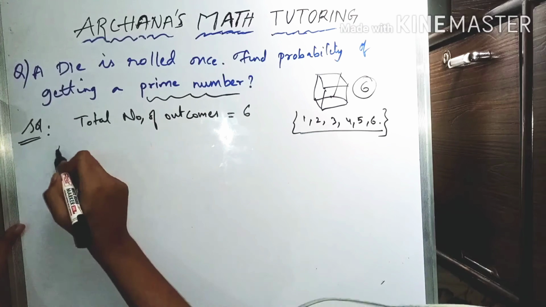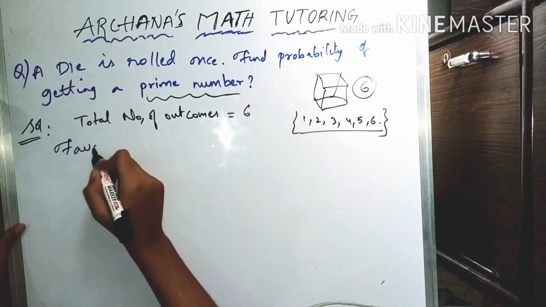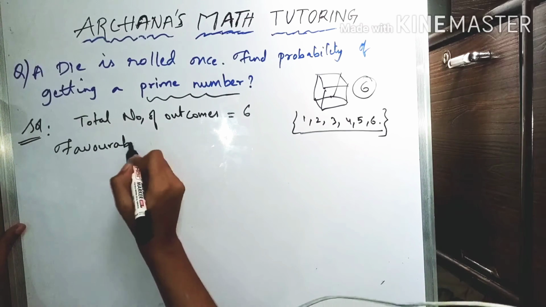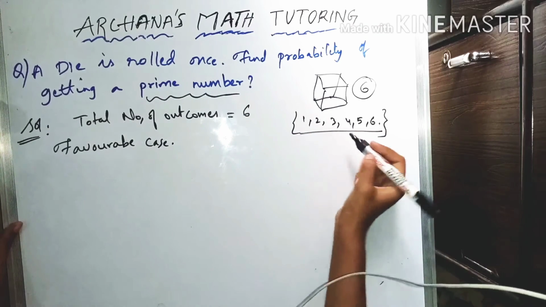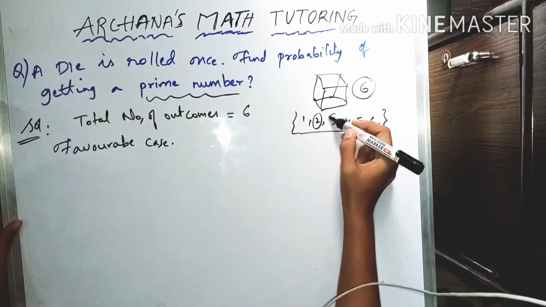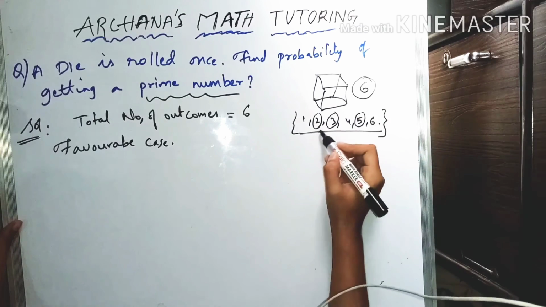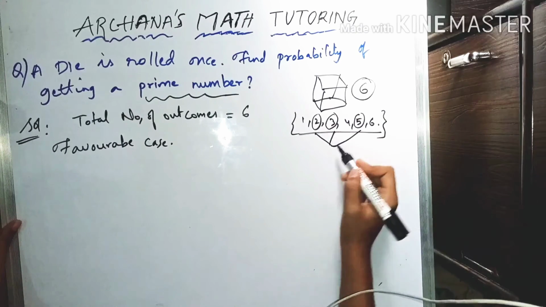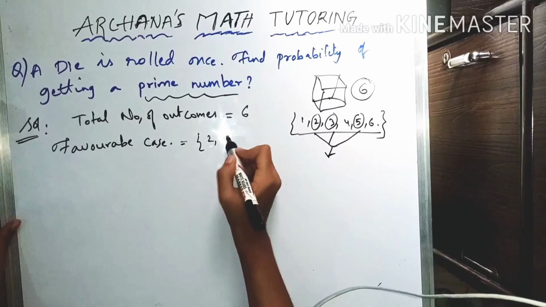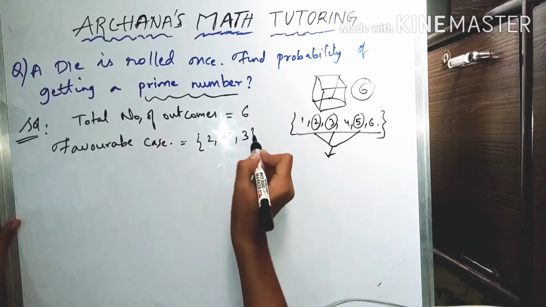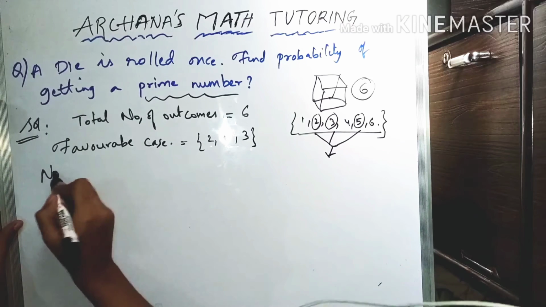So what is the favorable case? The favorable case is getting a prime number. We already know what a prime number is: 2 is a prime number, 3 is a prime number and 5 is a prime number. These are the three numbers in our case. So the favorable case is 2, 3 and 5.